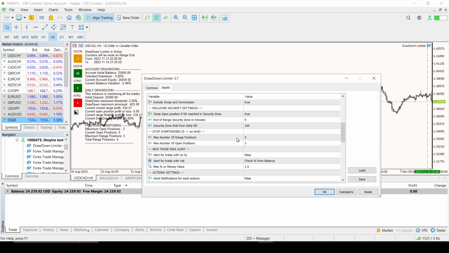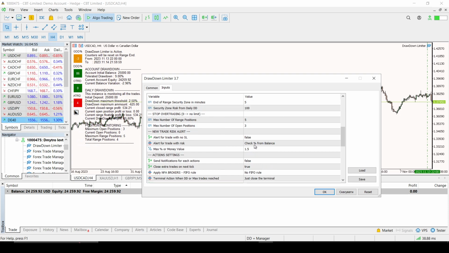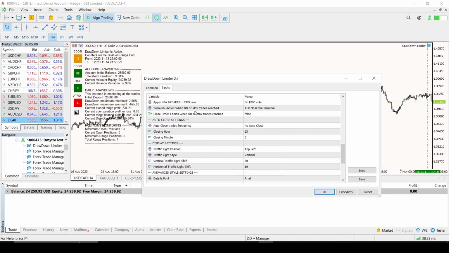This is more than enough for me, so 25 trades per week, and a maximum number of open positions. When you reach this, it will close your newest trade. You can put your limitation on maximum risk, and then you can have the close-the-terminal option.